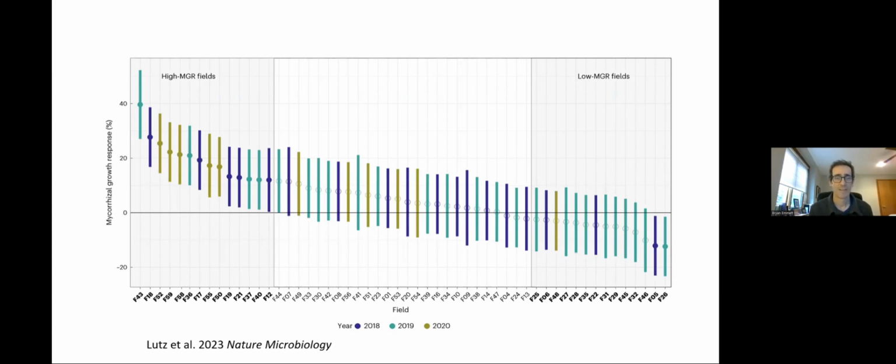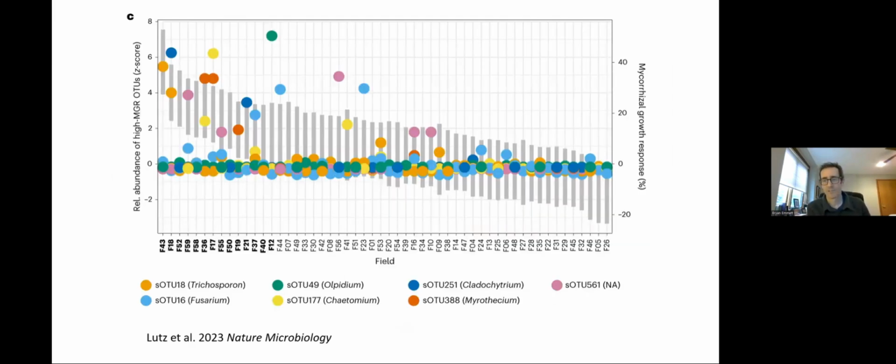So they collected a lot of covariates, looking for indicators to predict inoculation success. Interestingly, what they found was that microbiological indicators were the best predictor of the growth response. They found a handful of fungal lineages that, when present or abundant in the field, predicted inoculation success, as measured by greater growth following inoculation.